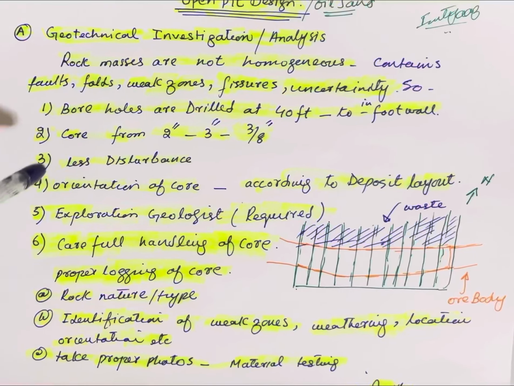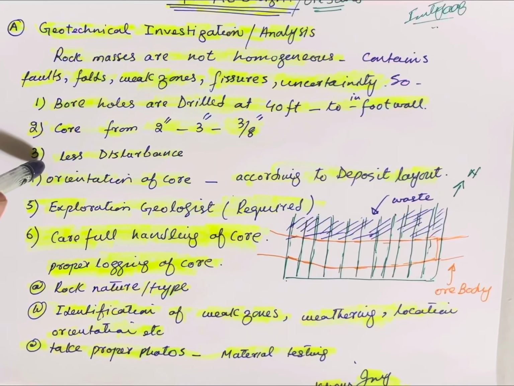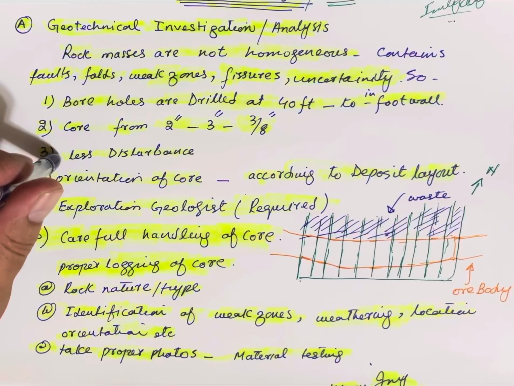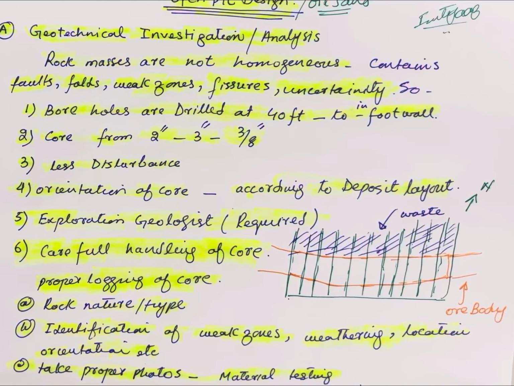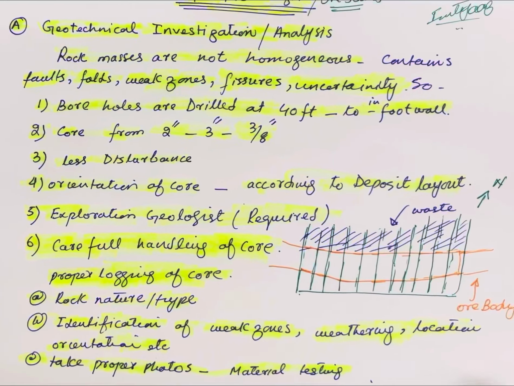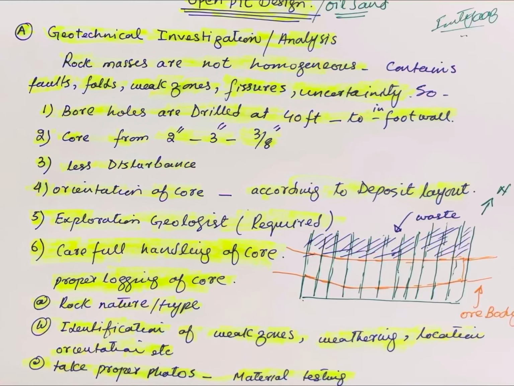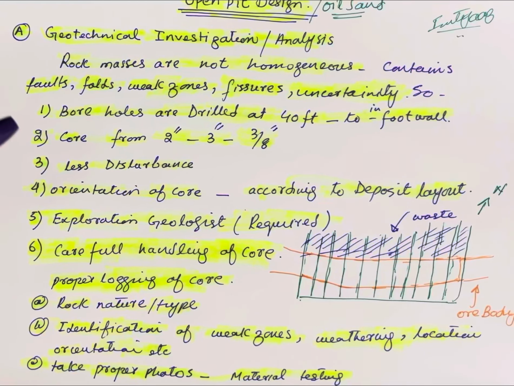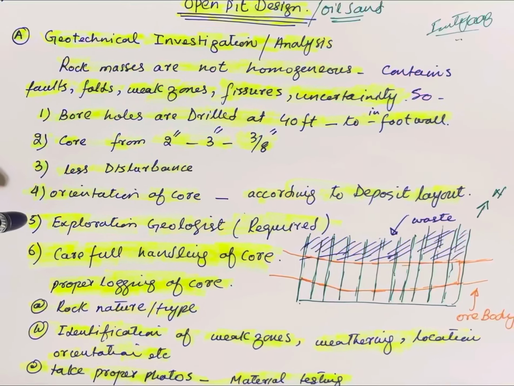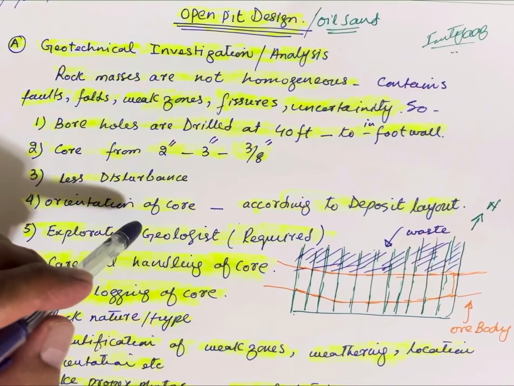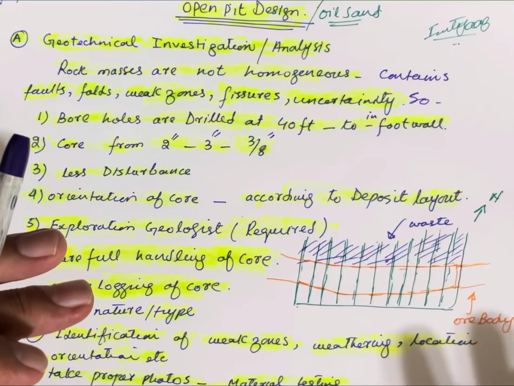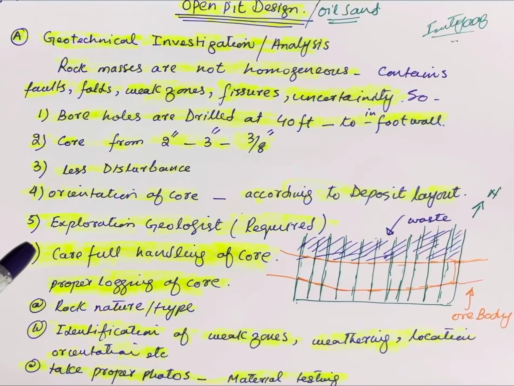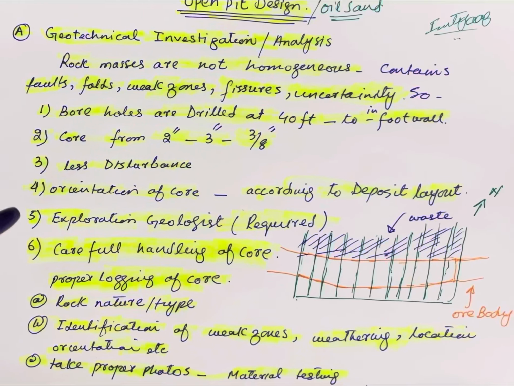During core collection we try to cause as little disturbance as possible. It requires very smart handling of the core. Then there is the orientation of the core, how you put it, and after that you have to do the orientation of the core.